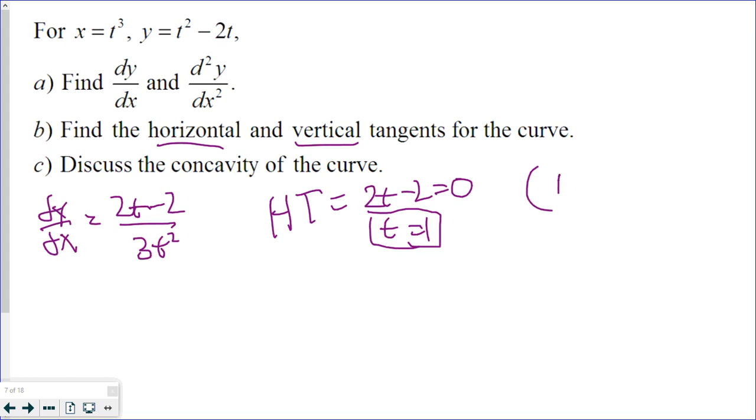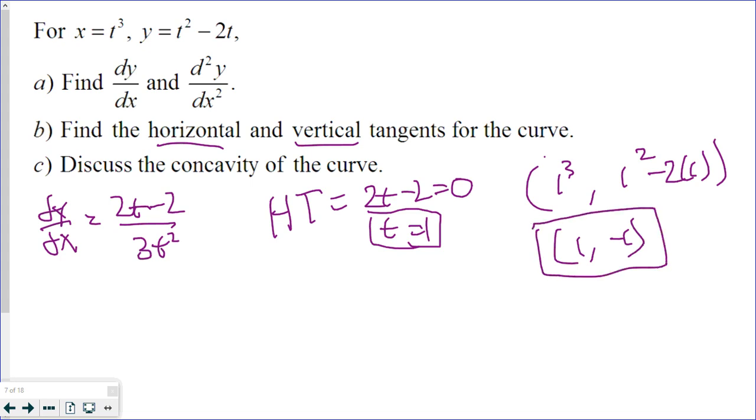Just plug it in. It's 1 cubed, comma, 1 squared minus 2 times 1, or 1, comma, I believe that's negative 1. So there is a horizontal tangent point.